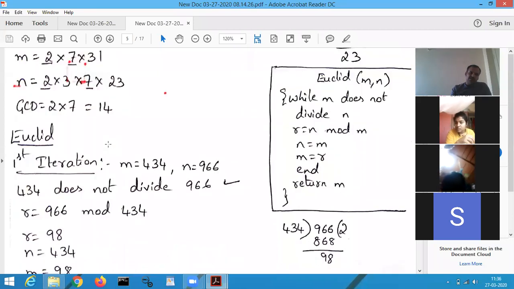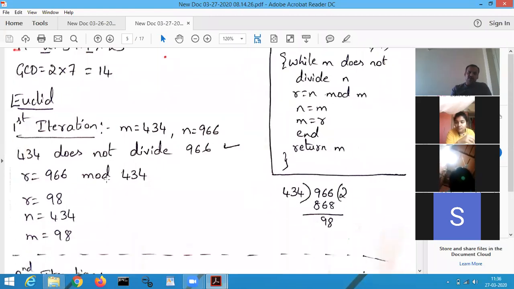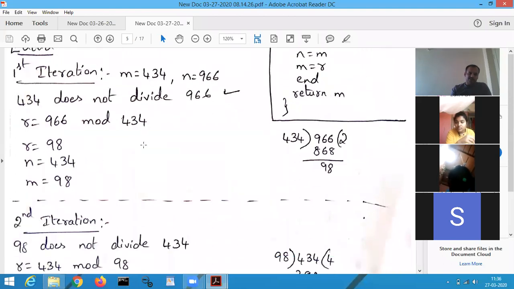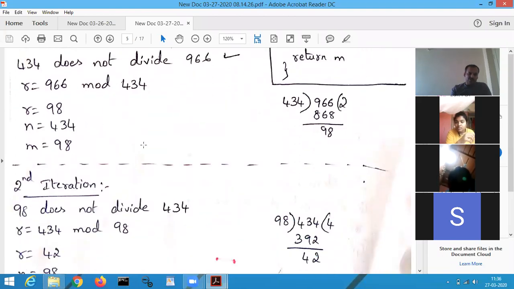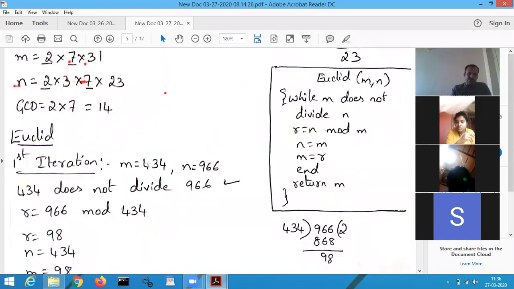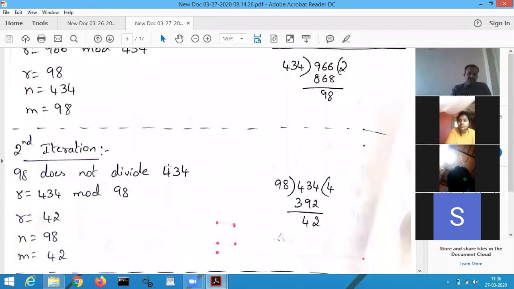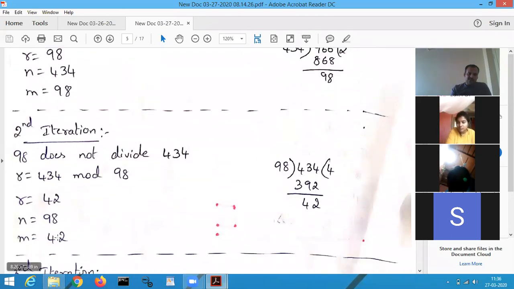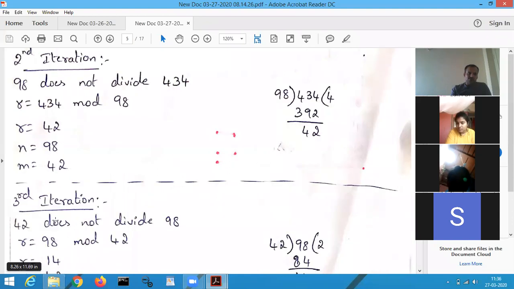That's why the best algorithm is what? Euclid's algorithm, because as the number becomes larger, every time the values of m and n keep on reducing. All of you observe here, in the first iteration m is 434, n is 966. In the second iteration m is 42, n becomes 98.